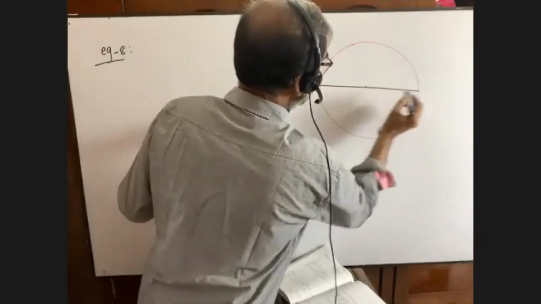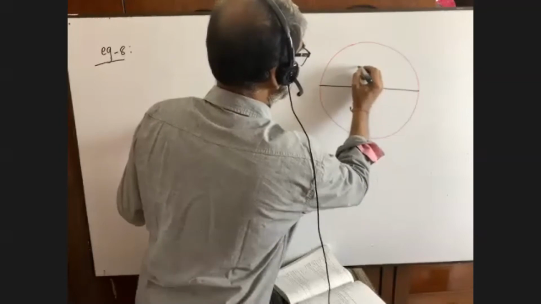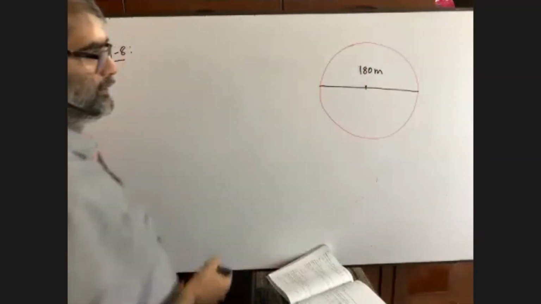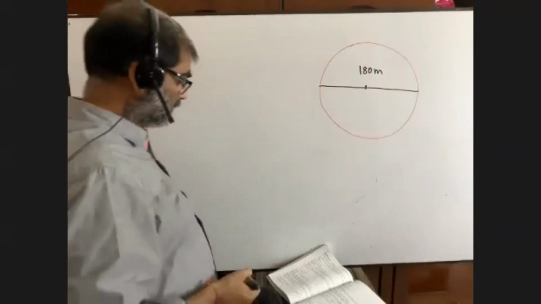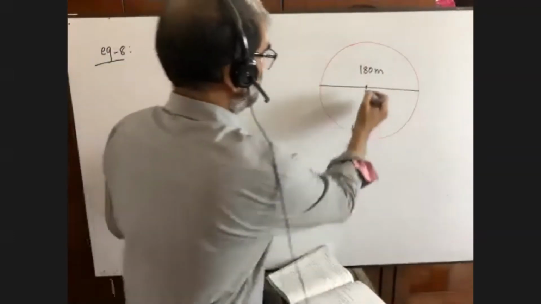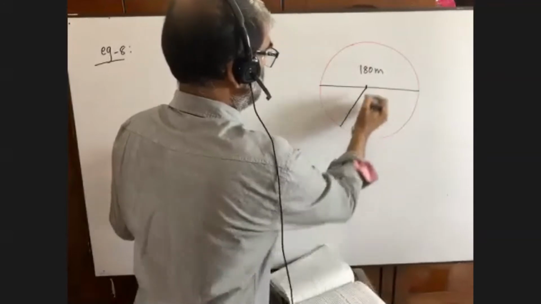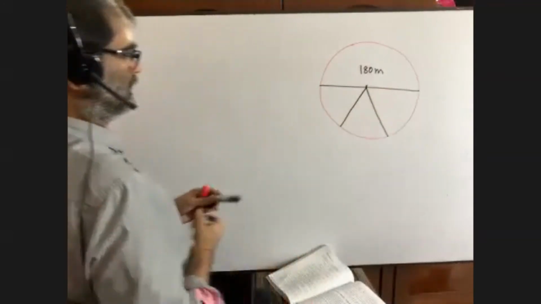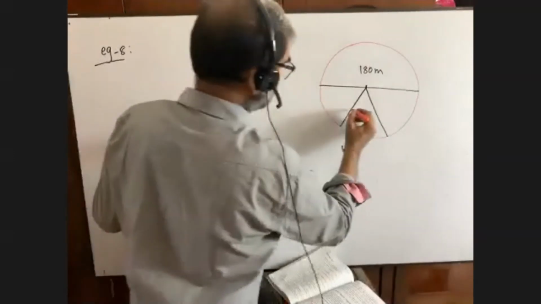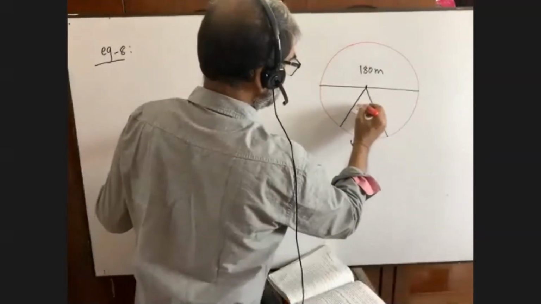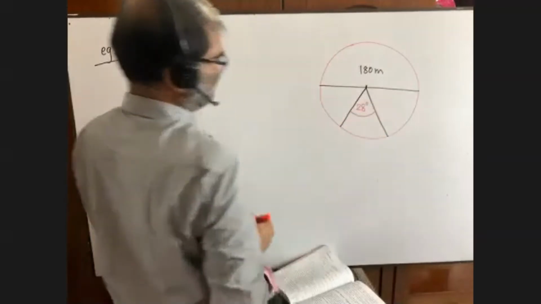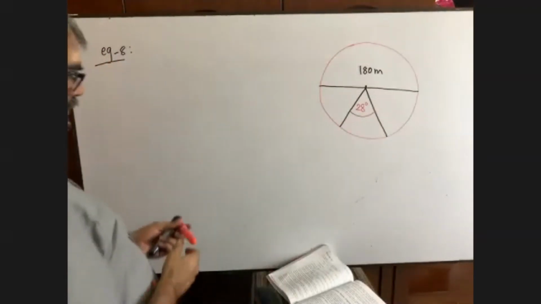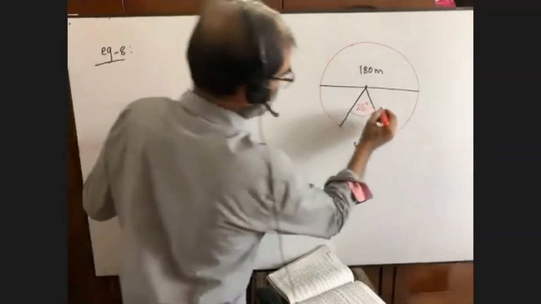It is the diameter, 180 meters. And the angle is given in the question, 28 degrees. You please try to understand. So can you write it is 90 meters?